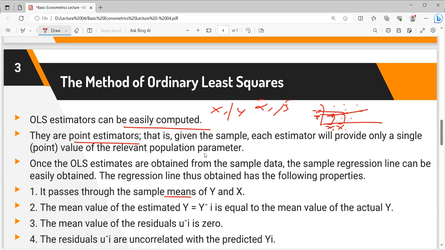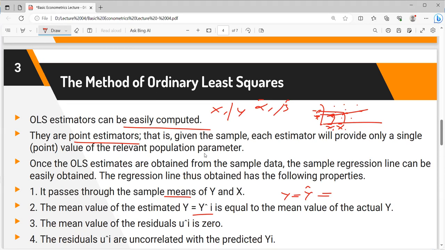The second property of this regression line is that the mean value of estimated Y, Y hat, is equal to the actual value, that is Y. So there's no concept of error.